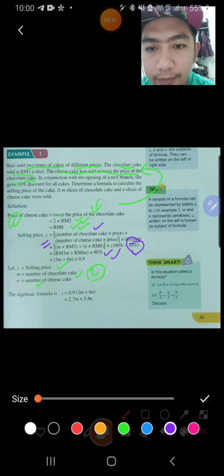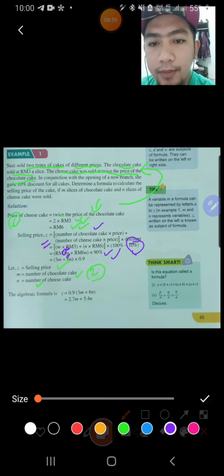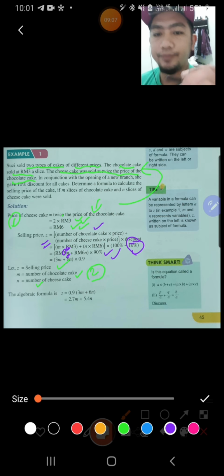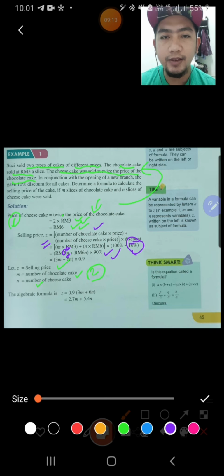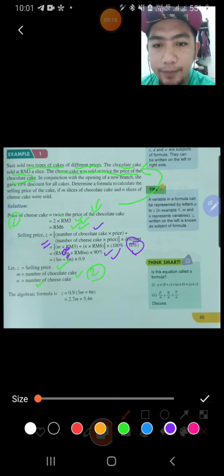RM3 means M times RM3, we get RM3M. Make sure the coefficient comes first and then the variable, the unknown, plus RM6 the price of cheesecake and N the number of cheesecake. We don't know the number of cheesecake and chocolate cake, that's why we let it be N, times 90%.